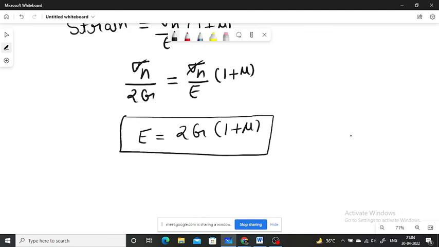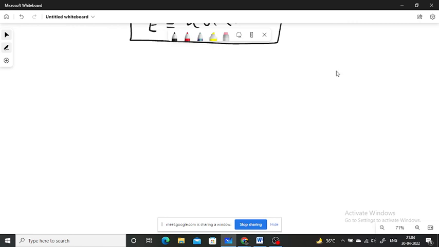Okay, now let this solid cube have each face with a normal stress sigma n.